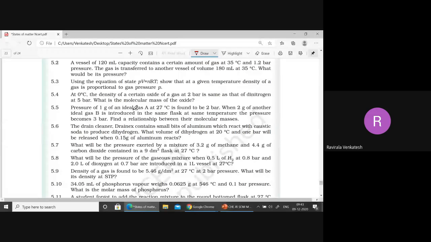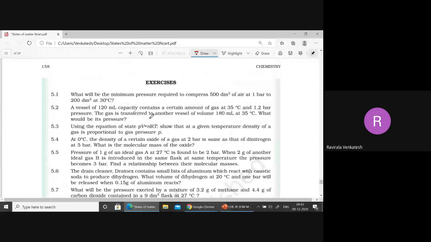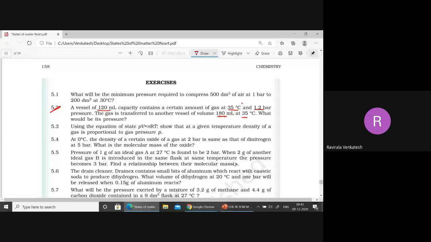It is the same kind of simple problem, with volume, temperature and pressure. Problem 5.2: a vessel of 120 ml at 35 degrees Celsius and pressure 1.2 is transferred to another vessel of 180 ml at 35 degrees Celsius. The temperature is constant here. What will be the pressure?